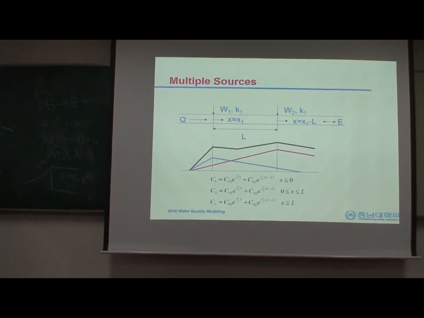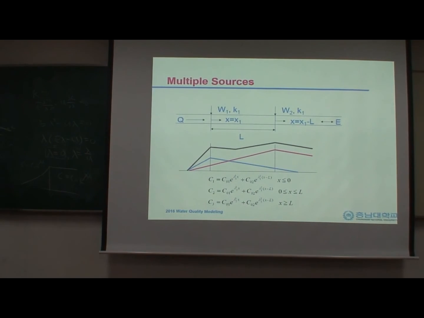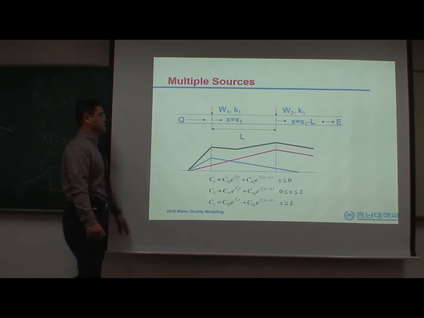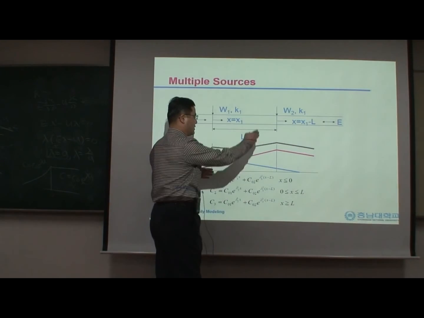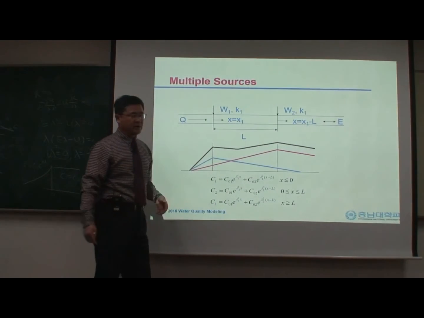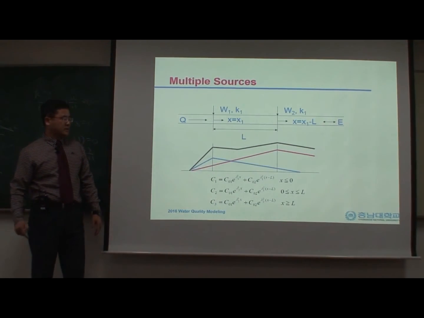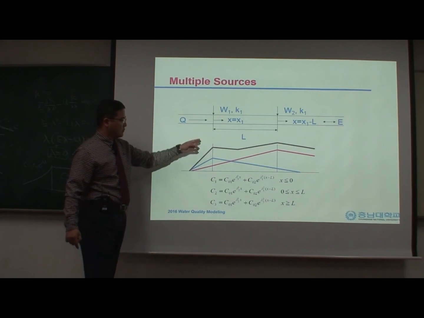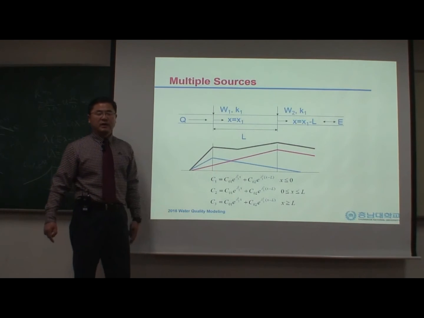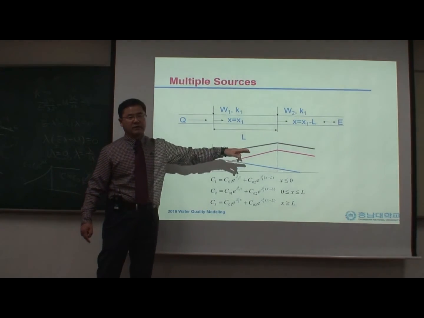And what if we have multiple sources? We have a river coming in and another river coming in. Then what are you going to do? In that case, we have a blue curve and we also have a red curve.